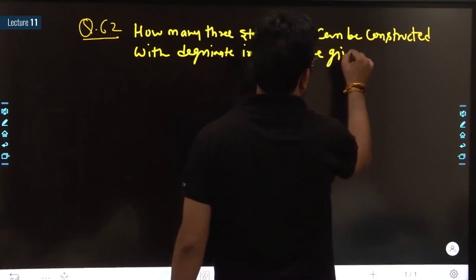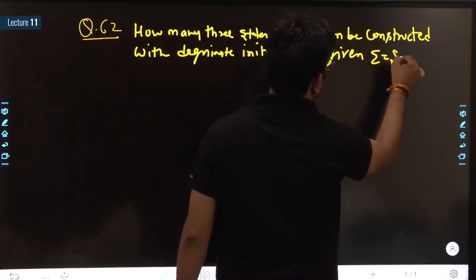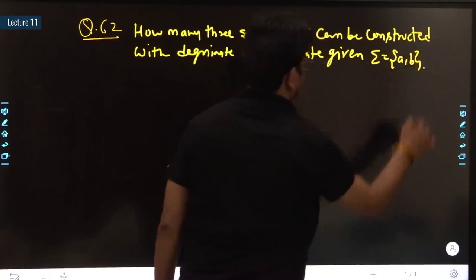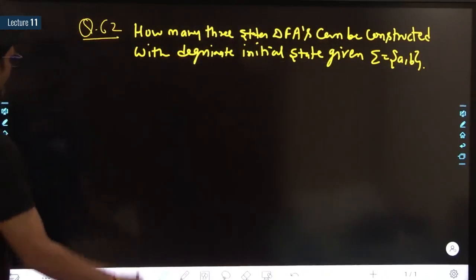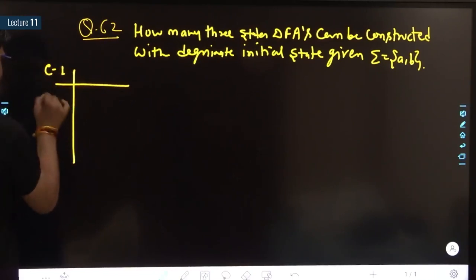The given alphabet is A, B. See, what are the possibilities? Case 1: there is no final state.